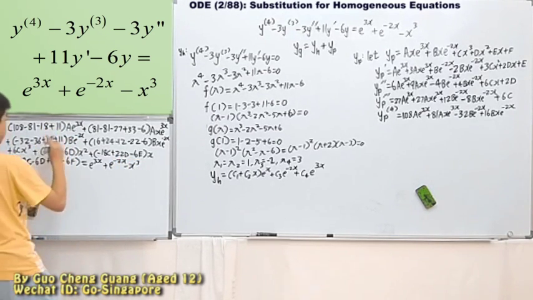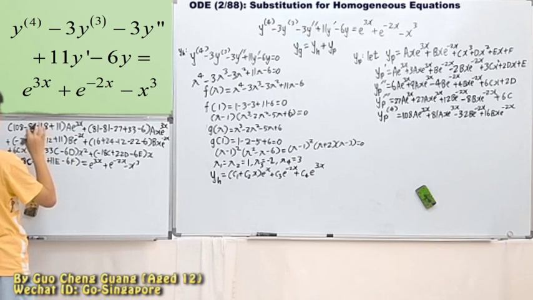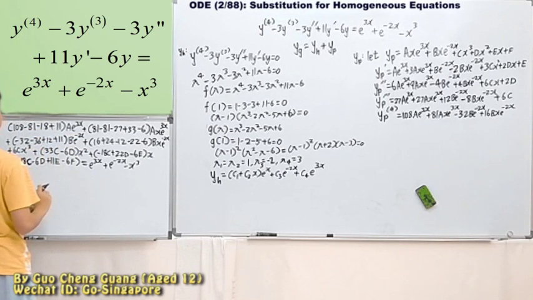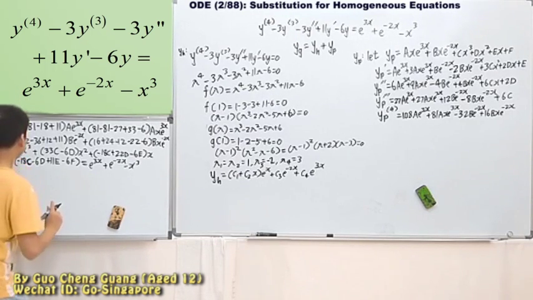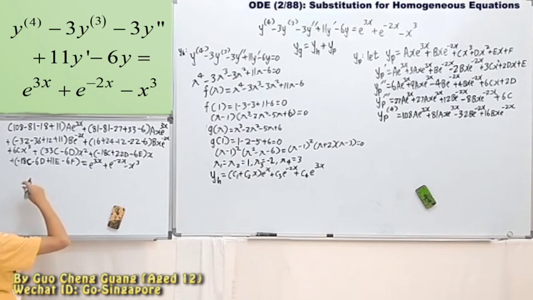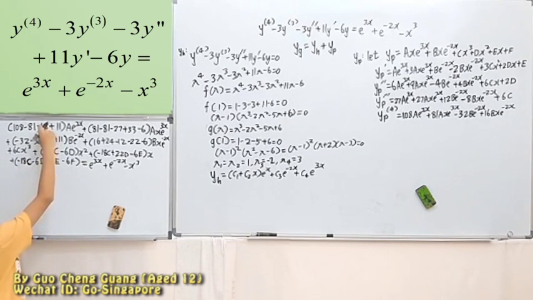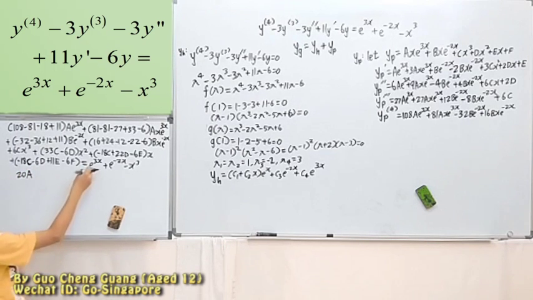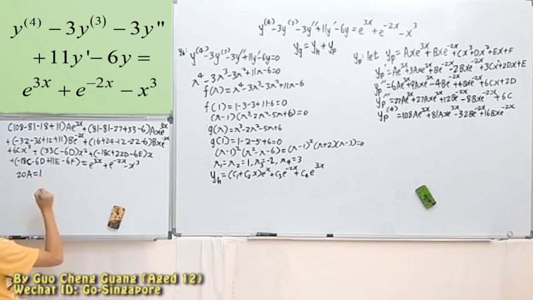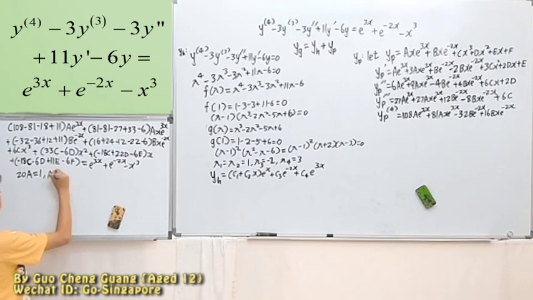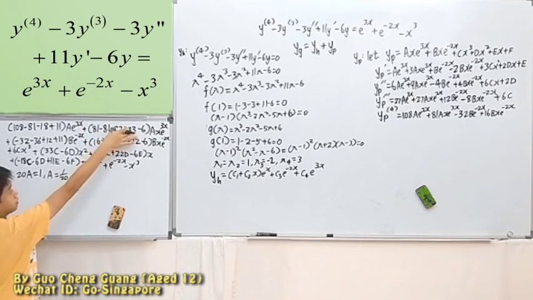Okay, so firstly here, let's check how much of them do we have left. Seems like here we have 28. And 28 here will be 1. So that means A will be 1 over 20. Then next here, these two cancel, these two cancel.